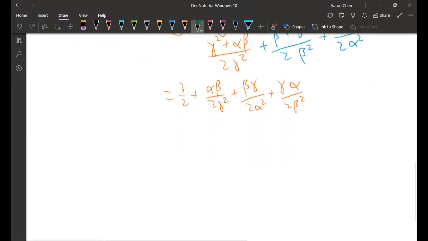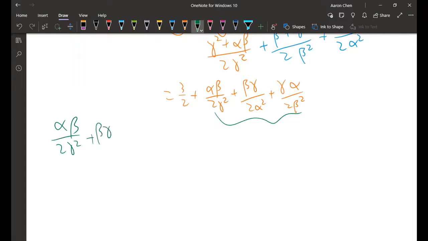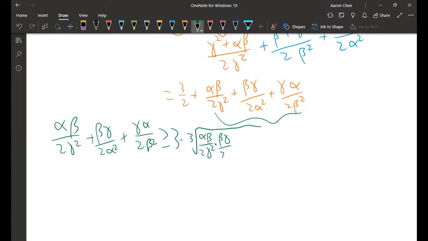And so next, what we do is we can look at this. So alpha beta over 2 gamma squared plus beta gamma over 2 alpha squared plus gamma alpha over 2 beta squared is at least equal to 3 times the cube root of the product of these numbers, which would be alpha beta over 2 gamma squared times beta gamma over 2 alpha squared times gamma alpha over 2 beta squared, which is equal to 3 times the cube root of 1/8, or 3 halves.